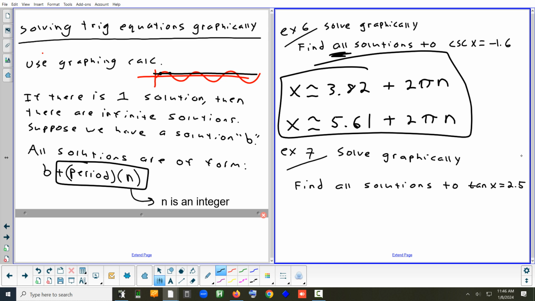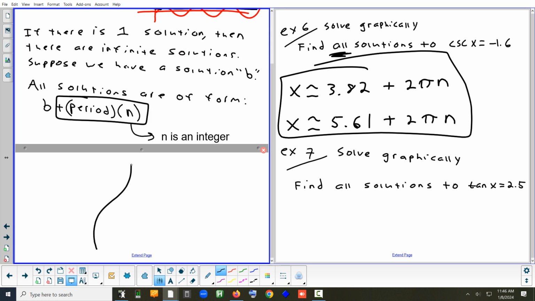I don't think we need to go through example 7. I'm just going to ask you a couple things about it. If you graph tangent and you graph 2.5, how many times will a horizontal line cross the tangent function per cycle? Think of what tangent looks like. Just once. So you'd only get one answer per cycle.